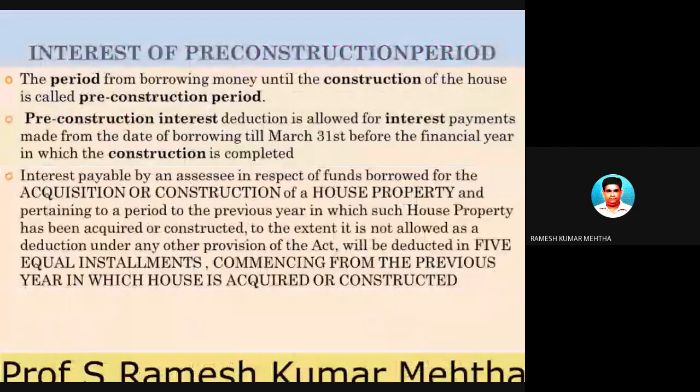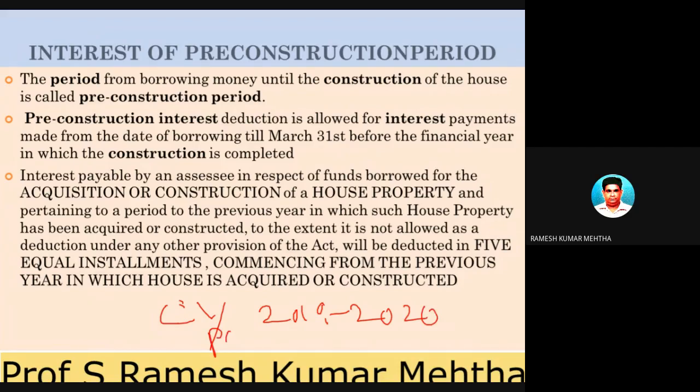Next one. This is very, very important. As I already told in the previous slides, two interests are allowed to be deducted under section 24 under interest on borrowed capital. One is current year interest, and the other is pre-construction period interest. Whatever interest you are paying in the current year, 2019-20, is allowed as deduction.